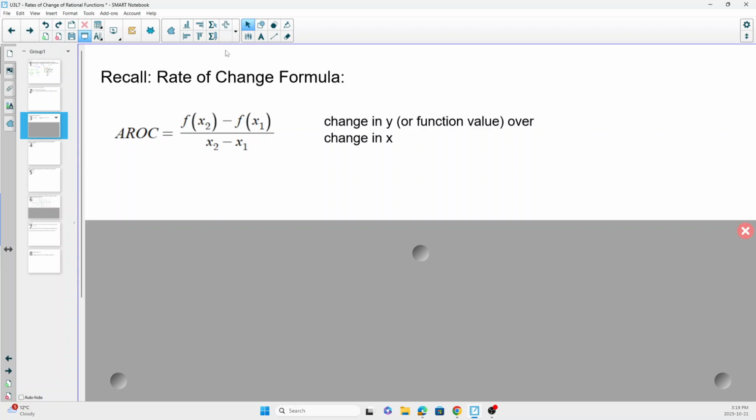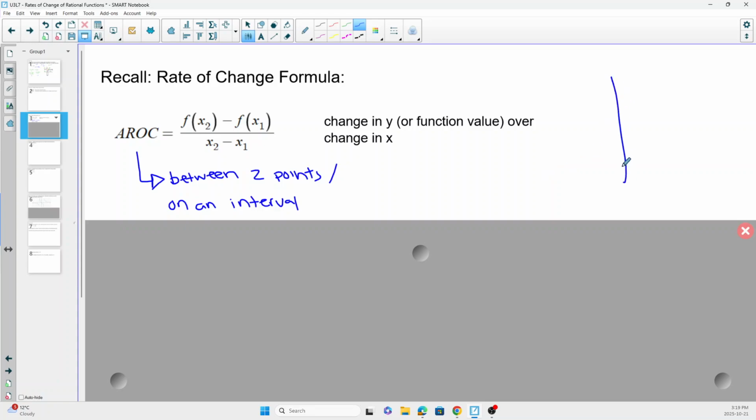So when we're looking at average rate of change, we're looking at determining on average at what rate a function is changing between 2 points or on an interval. Okay, so between 2 points slash on an interval. So if we had, let's say, a quadratic function that looked like this, that's not that nice looking.